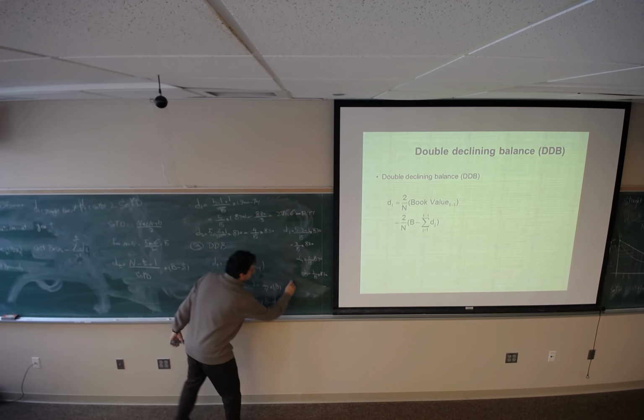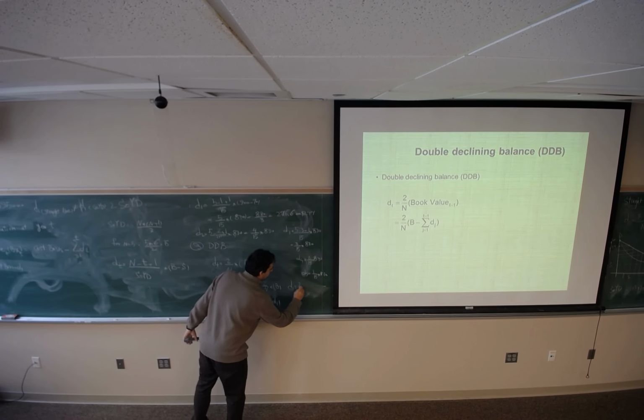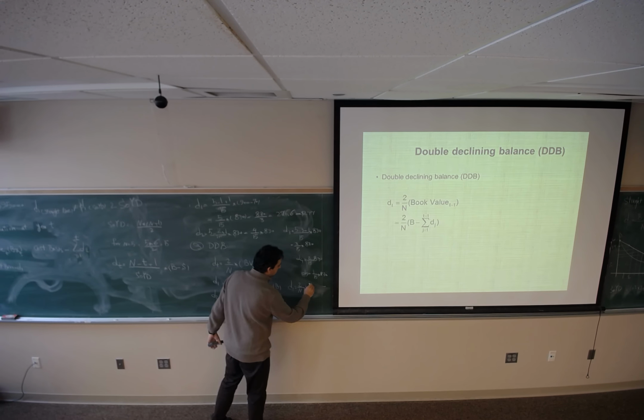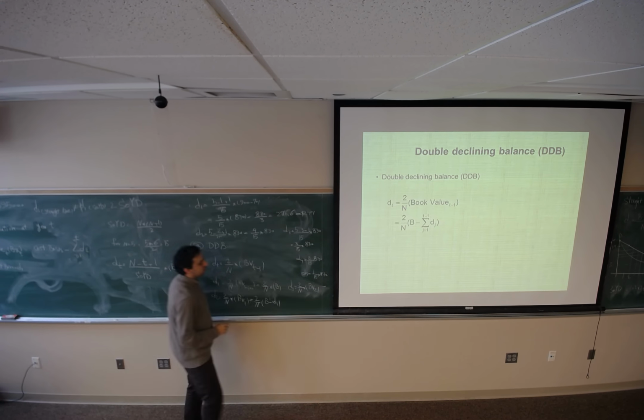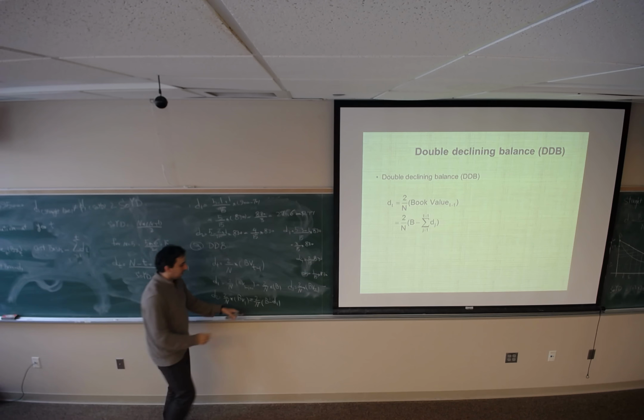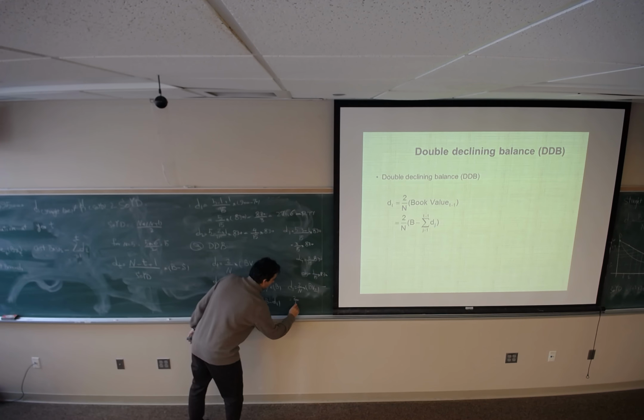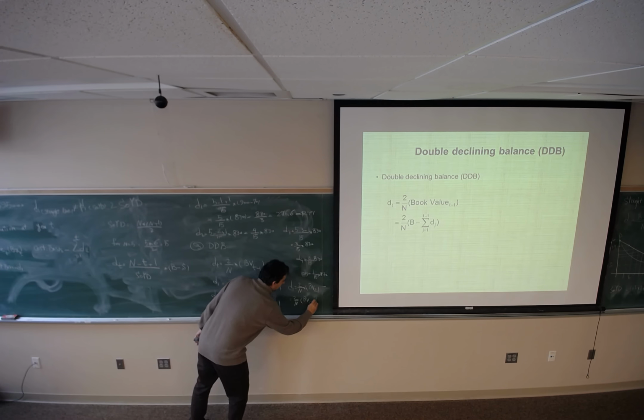Similarly, D3 is going to be 2 divided by n times the book value at the previous year, which is 2. It's going to be the book value at year 1 minus D2.